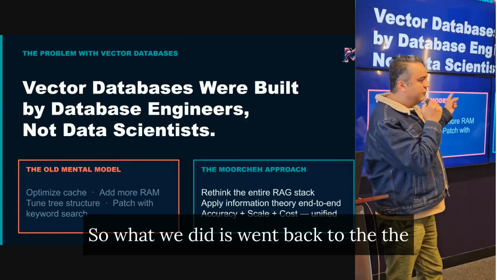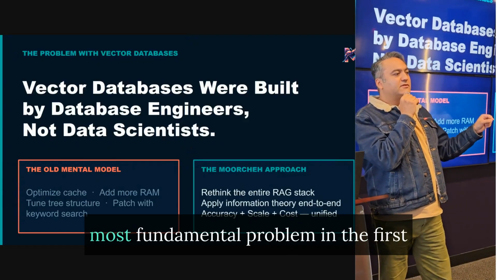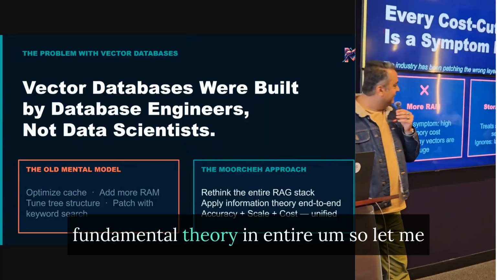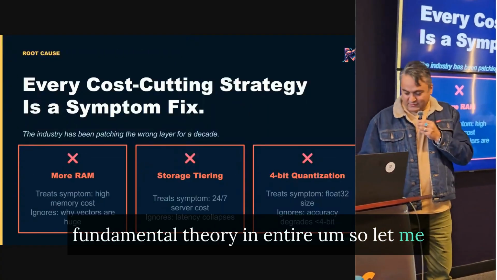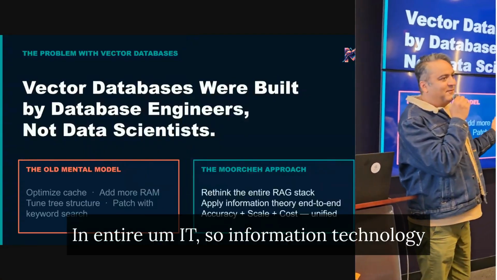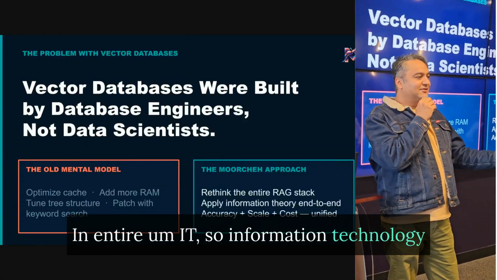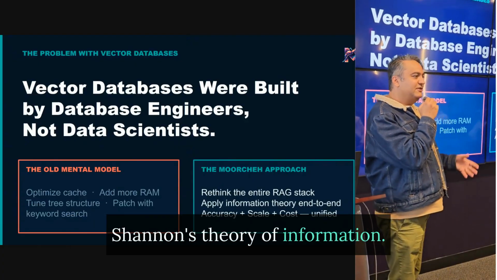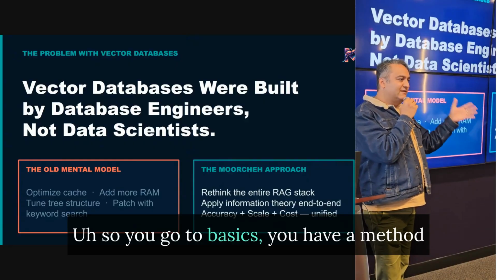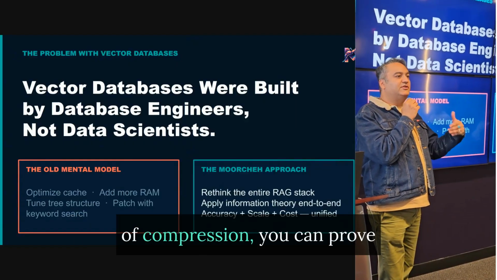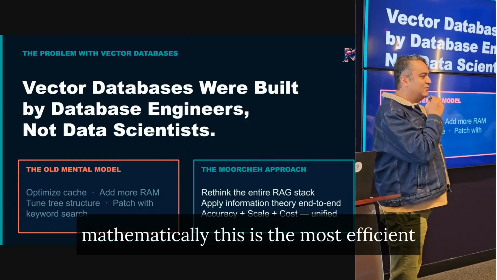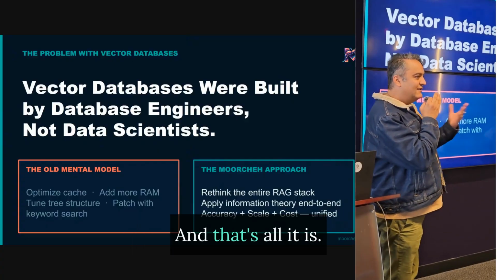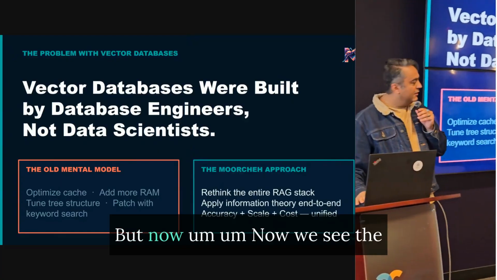So what we did was go back to the most fundamental theory in entire IT, information technology, which mostly comes from information theory, or Shannon's theory of information. You go to basics: you have a method of compression, you can prove mathematically it is the most efficient, and you have a limited channel and you want to retrieve information. And that's all it is.